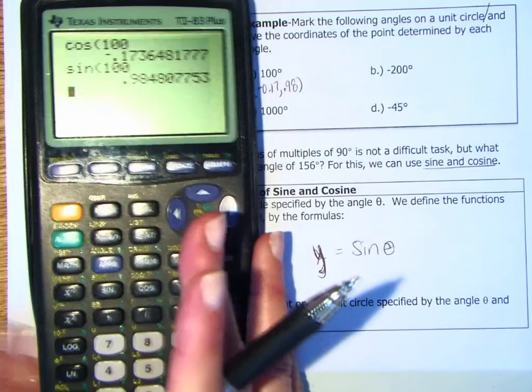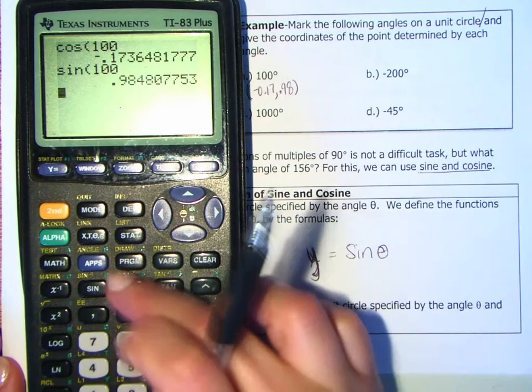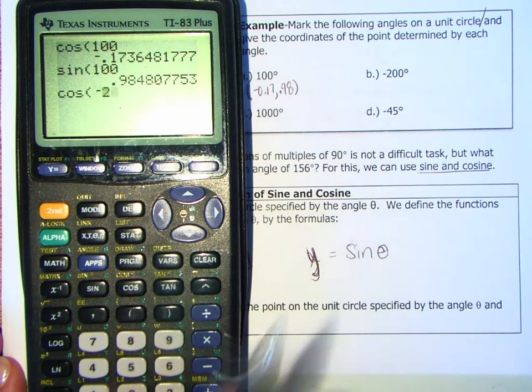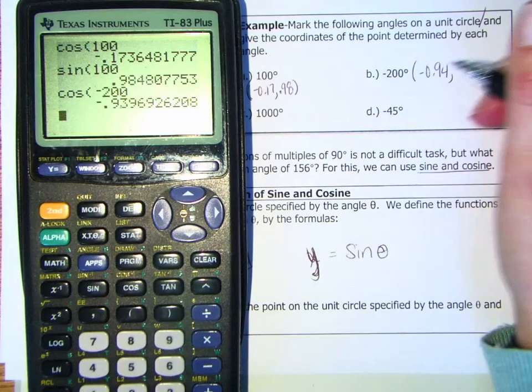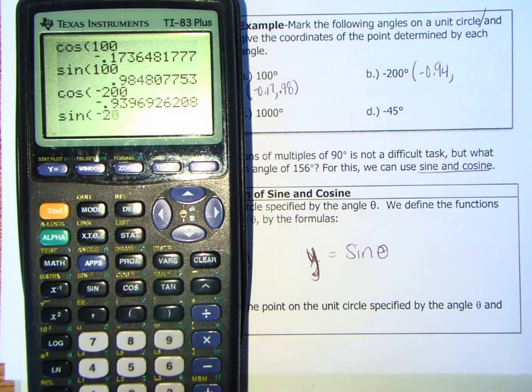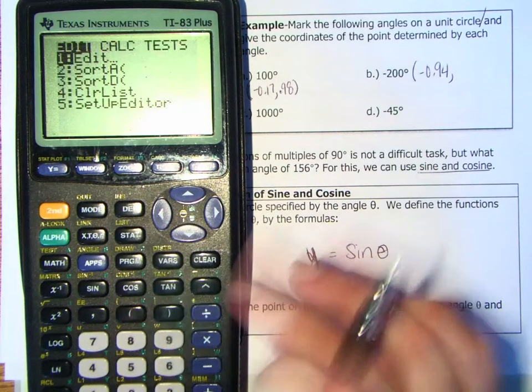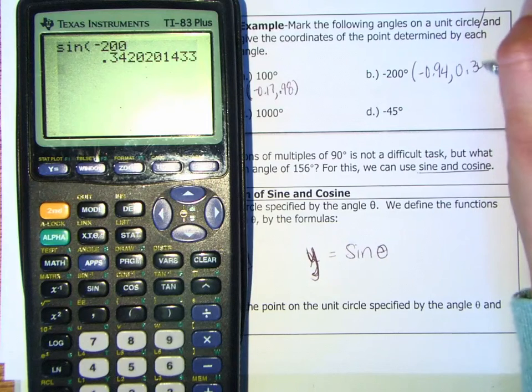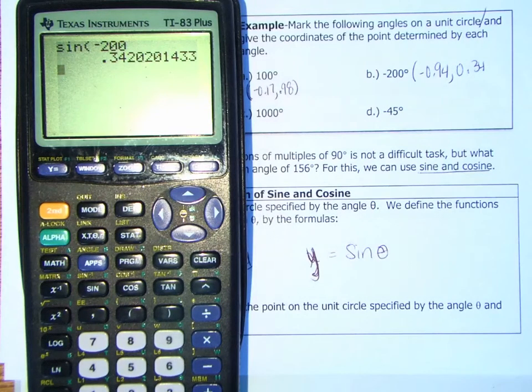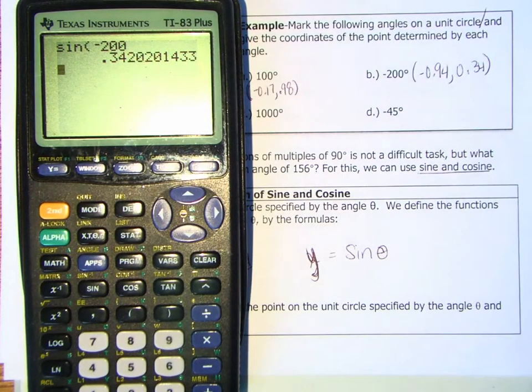Again, all you have to do is find the cosine of negative 200, which is negative 0.94 if we round, and the sine of negative 200, which is 0.34. That is the y-coordinate of your point. So cosine of the angle for x, sine of the angle for y. Holy cow, I can't believe I screwed that up.